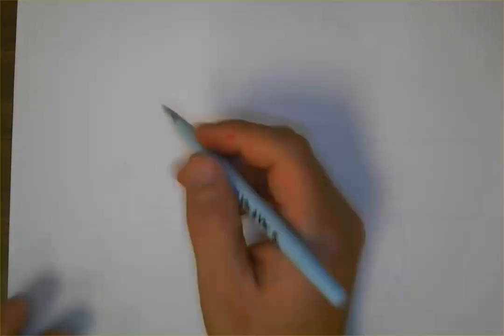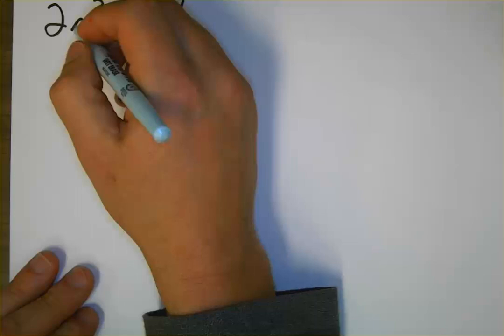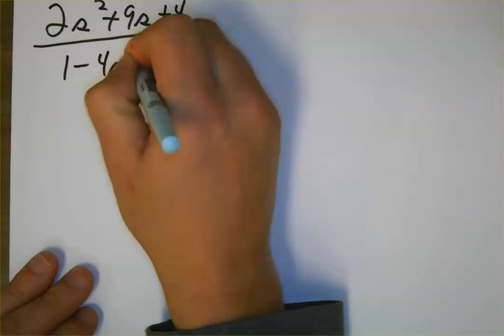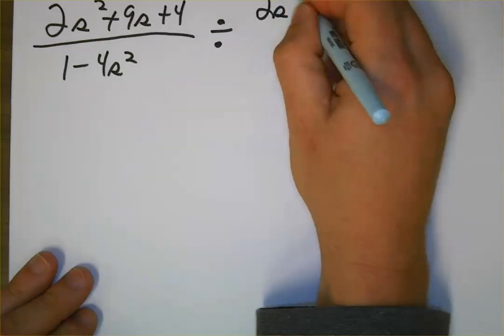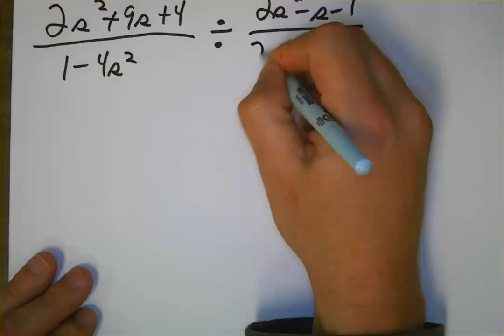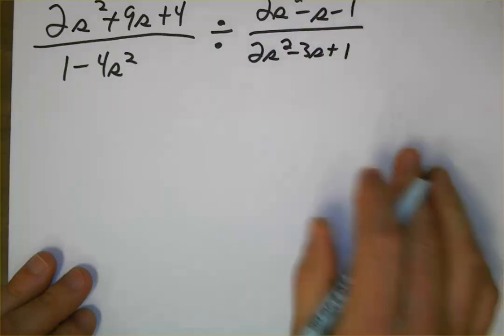Let's do one of those. We're in division. So you've got 2s squared plus 9s plus 4, all over 1 minus 4s squared, and we're going to divide that by 2s squared minus s minus 1, all over 2s squared minus 3s plus 1.